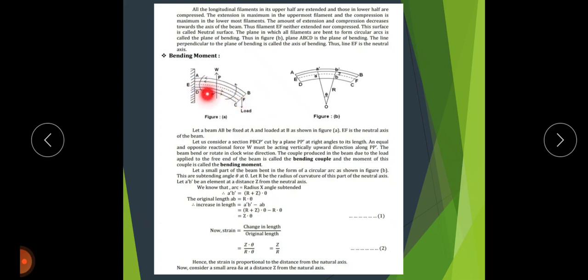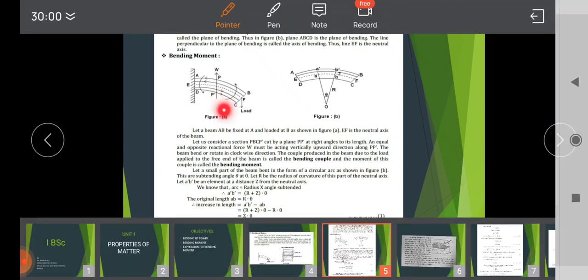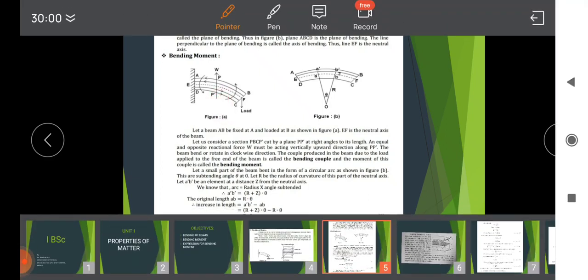Here we already know that EF is the neutral axis of the beam. Let us consider a section P, B, C, P dash, cut by the plane P P dash at right angle to its length.